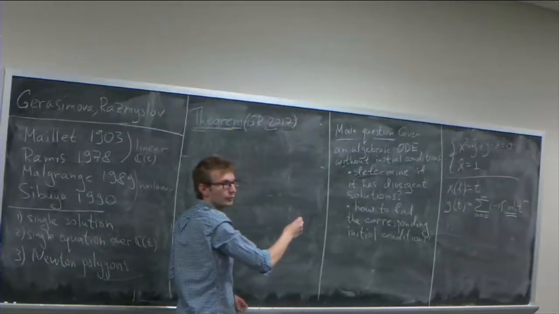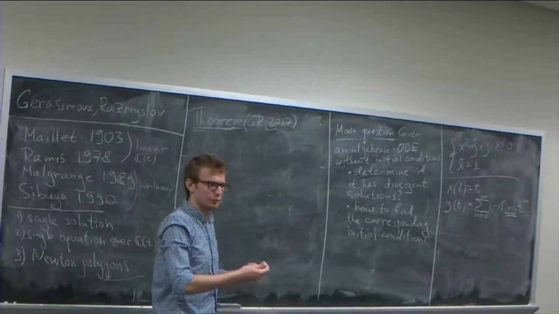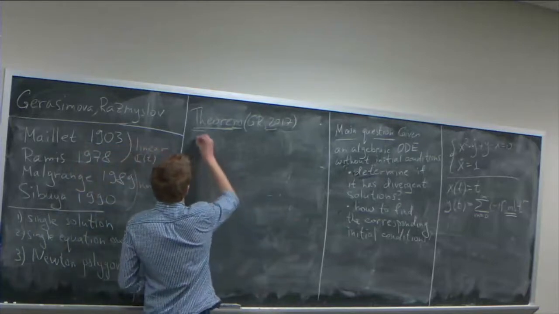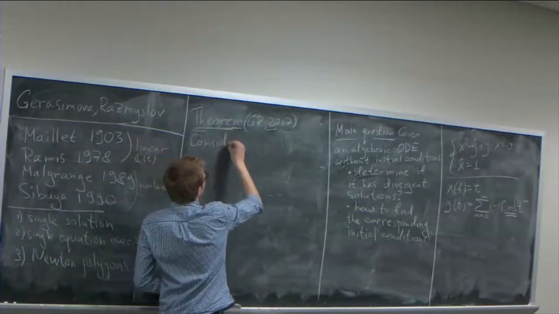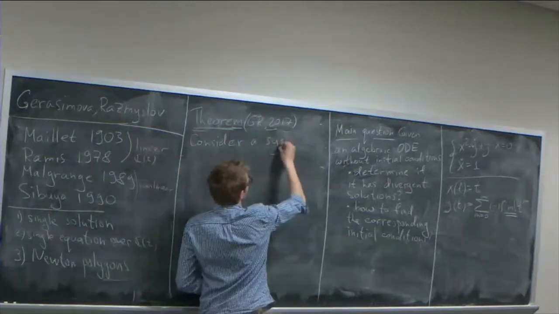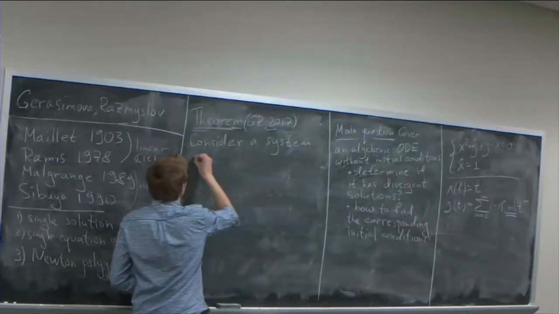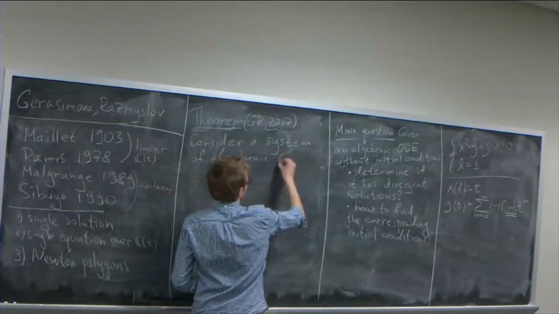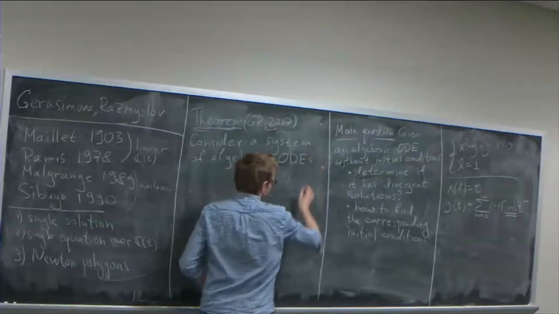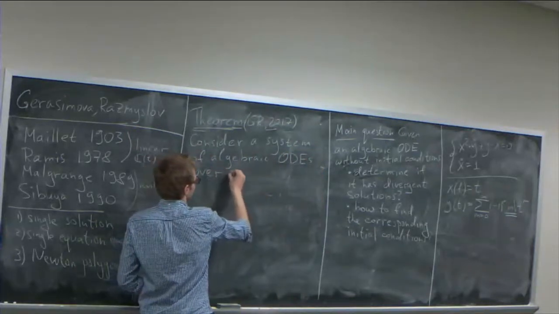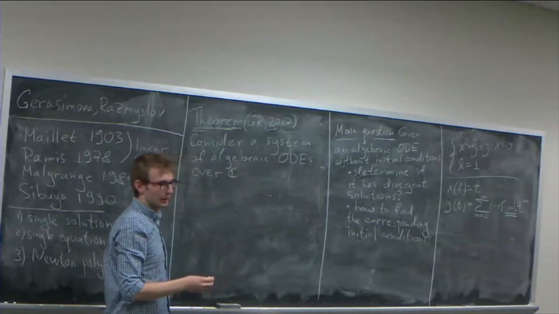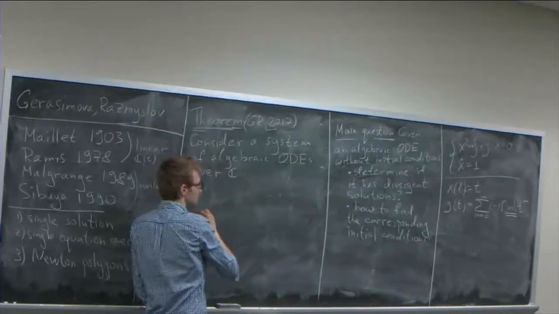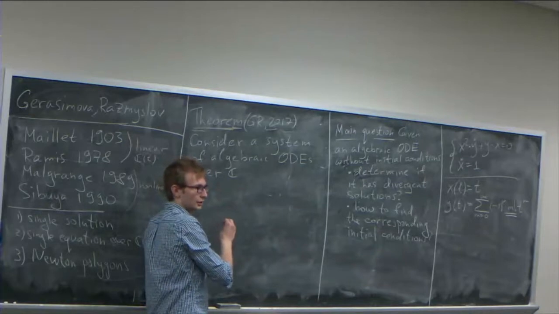Okay, we consider a system of algebraic ODEs over C with two properties. The first property is that the system defines a prime differential ideal.